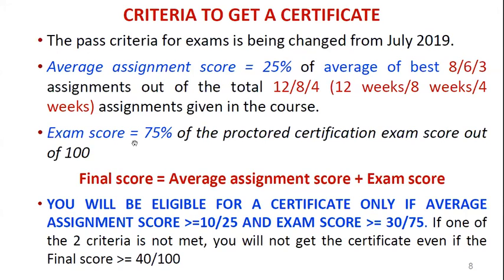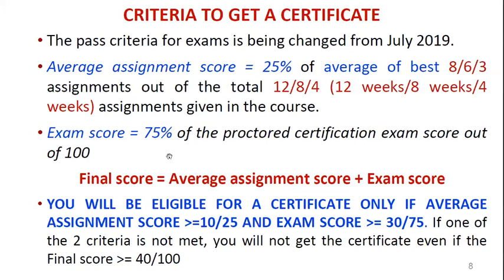Then the exam score calculation: 75% of the proctored certification exam score out of 100. That exam is conducted for 100 marks. Out of 100, whatever marks you secured, suppose you secured 100, then 75 percentage of 100 will be considered the maximum score, so you will get 75 out of 75.